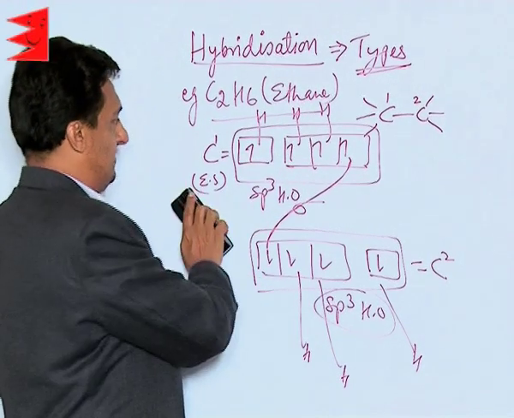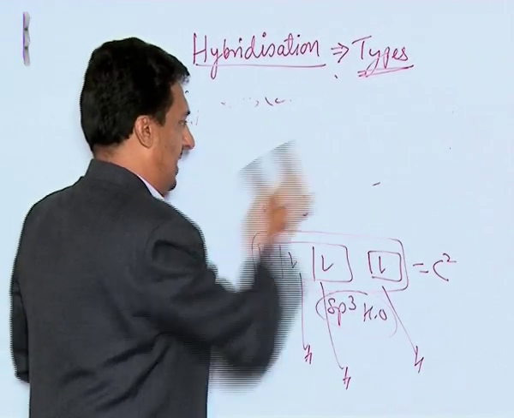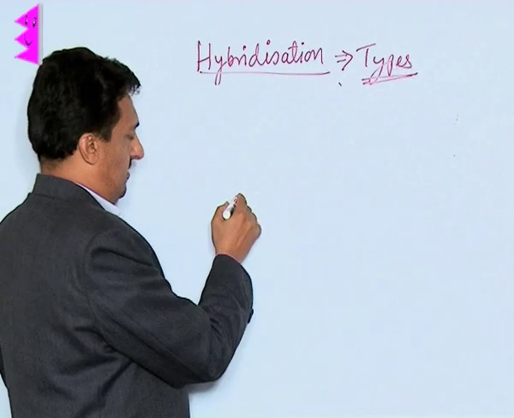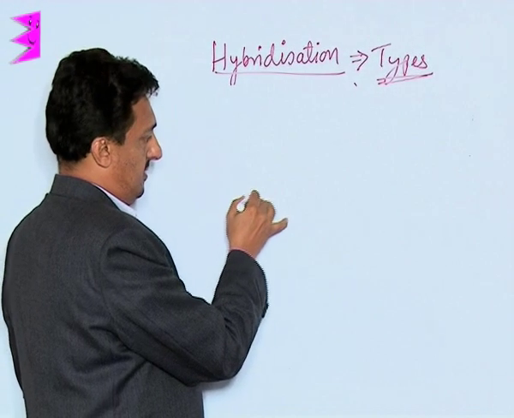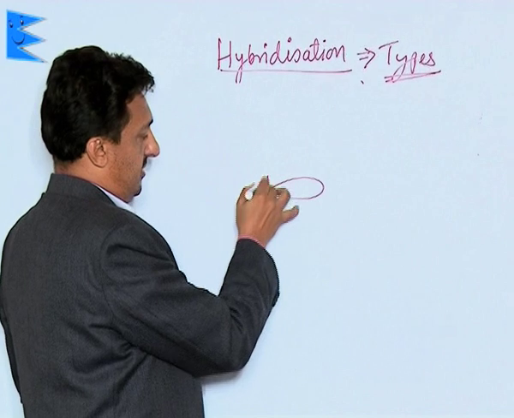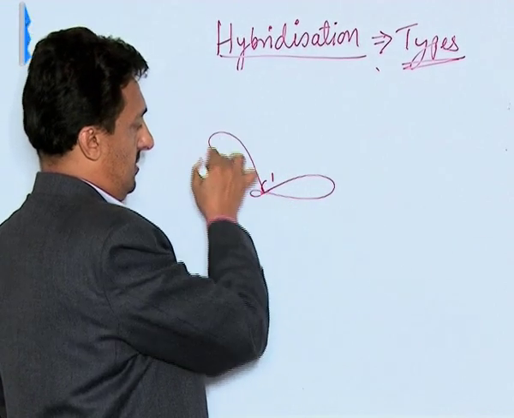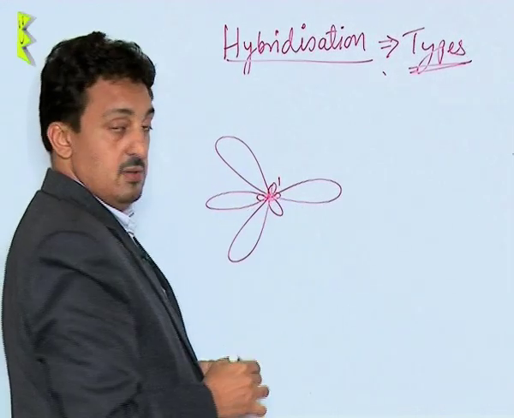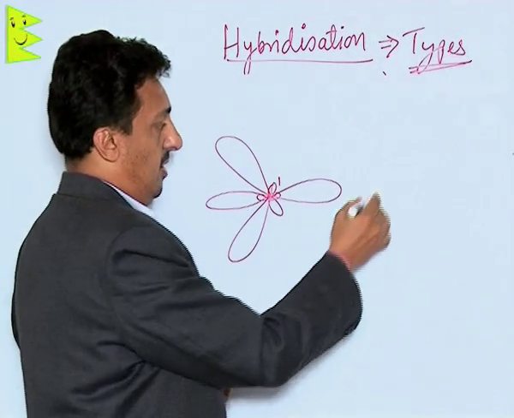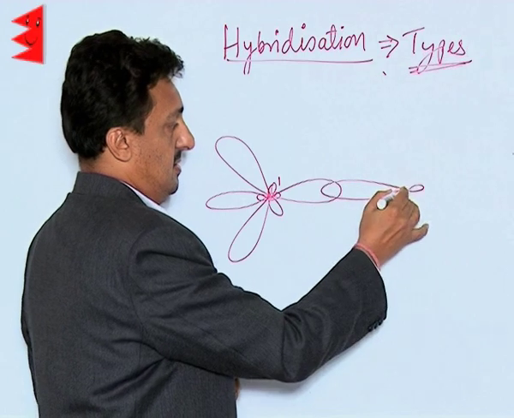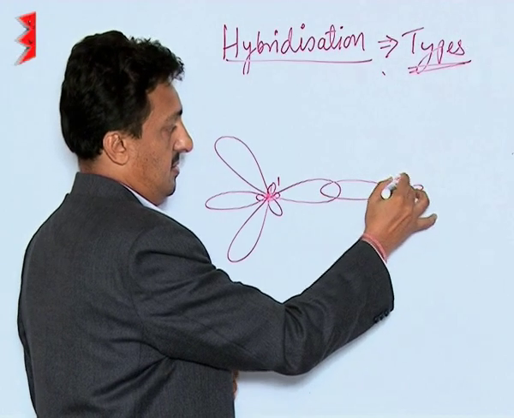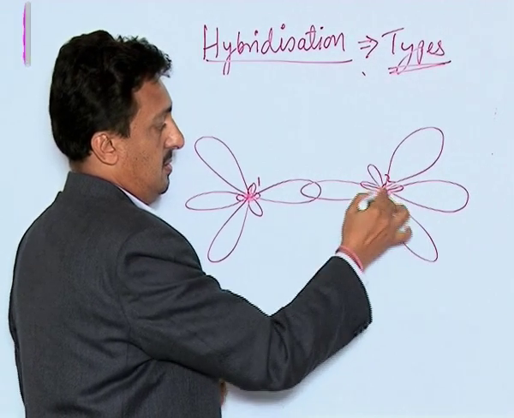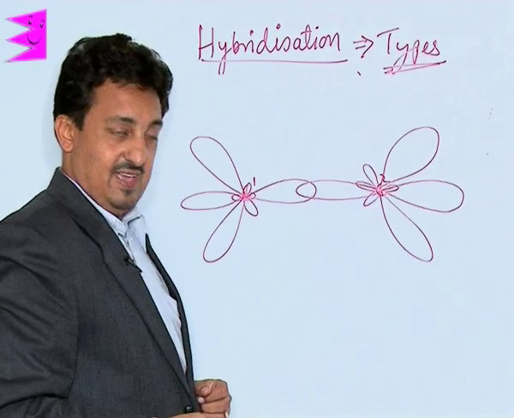I can draw this diagram and show it to you like this. It is almost like this. This is your C1, with these 4 sp3 hybrid orbitals. This is your C2. These are the 4 hybrid orbitals in this case.